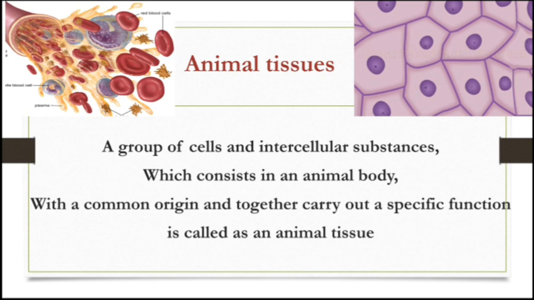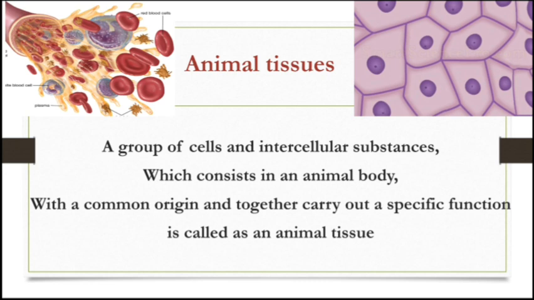So, a tissue has a common origin. It means the tissue originated from the same germinal layer, whether it's endodermic, ectodermic or mesodermic, and together carry out a specific function.